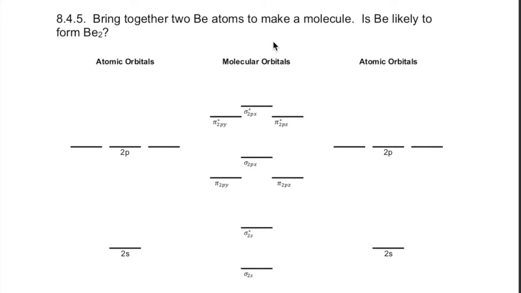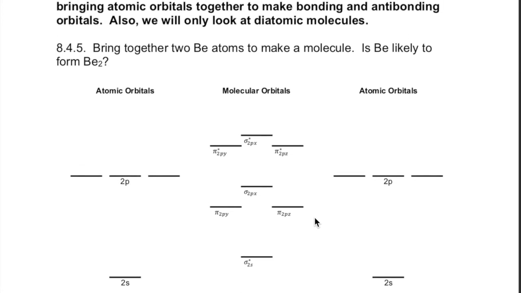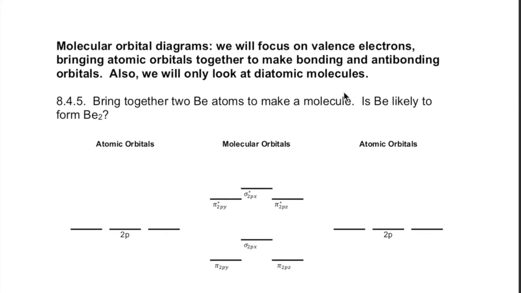However, these molecular orbital diagrams get very complicated very quickly, so we are just going to be looking at diatomic molecules where we have two of the same element coming together to make a small diatomic molecule.